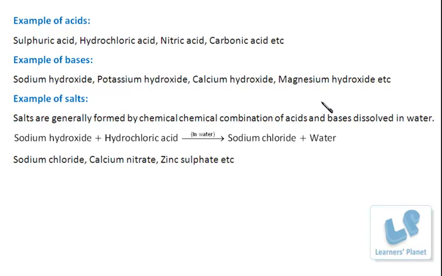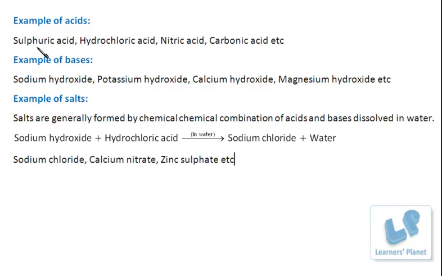See, if a drop of sulfuric acid just drops in your hand or anywhere, it burns. So acids and bases both are corrosive in nature, right? Acids even give the burning sensation in eyes, right? So a few examples of acids are sulfuric acid, hydrochloric acid, nitric acid, carbonic acid.